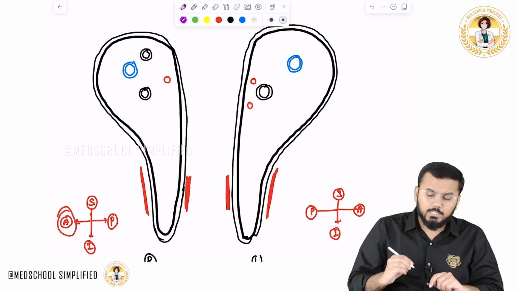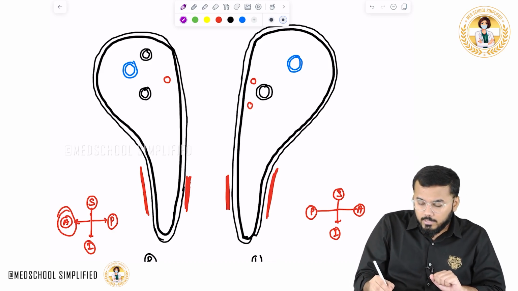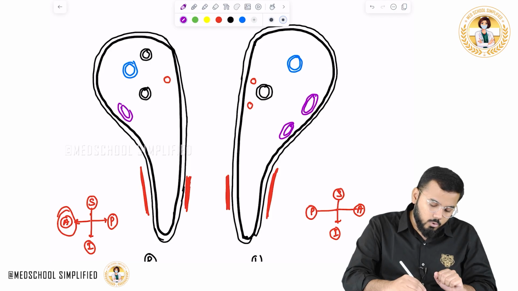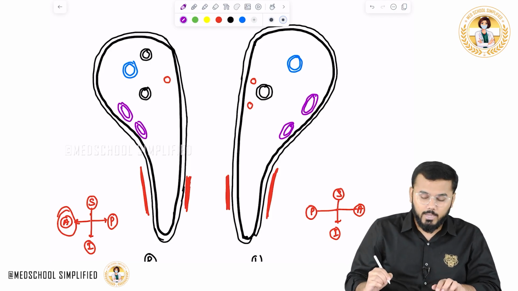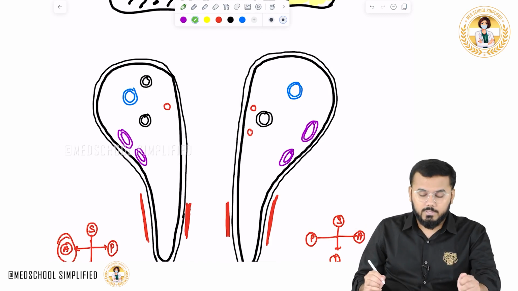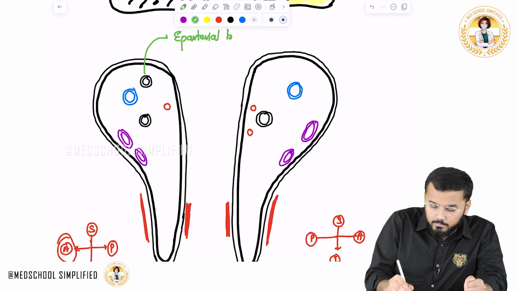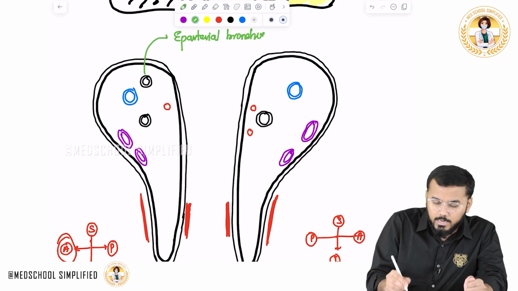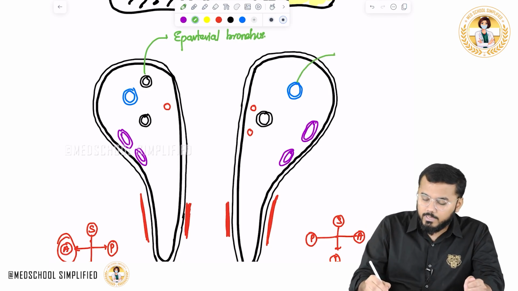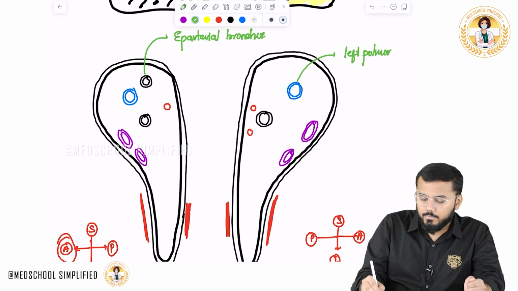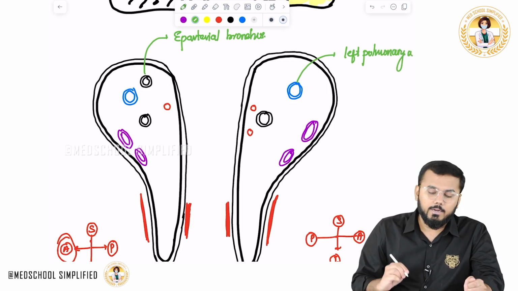Next, the last important one is a vein. So on the left side we have got two pulmonary veins here. On the right side also we have got two pulmonary veins. Okay, so if I have to write down all of these things, what will this be called? This is called the eparterial bronchus, and this one over here is called the left pulmonary artery.